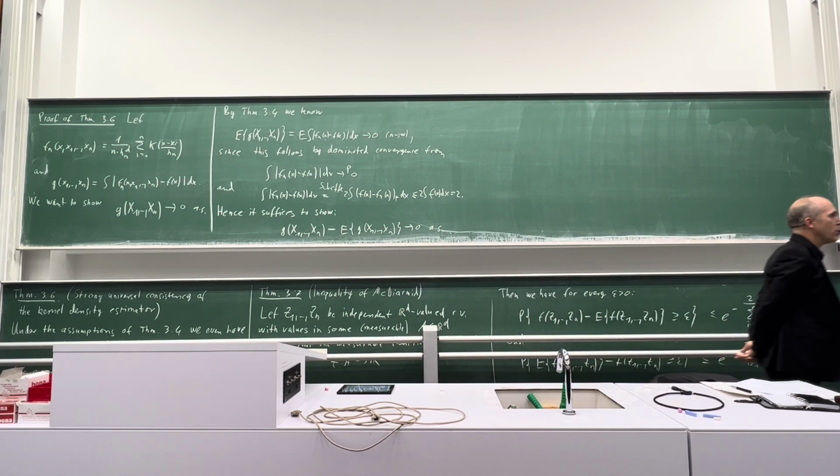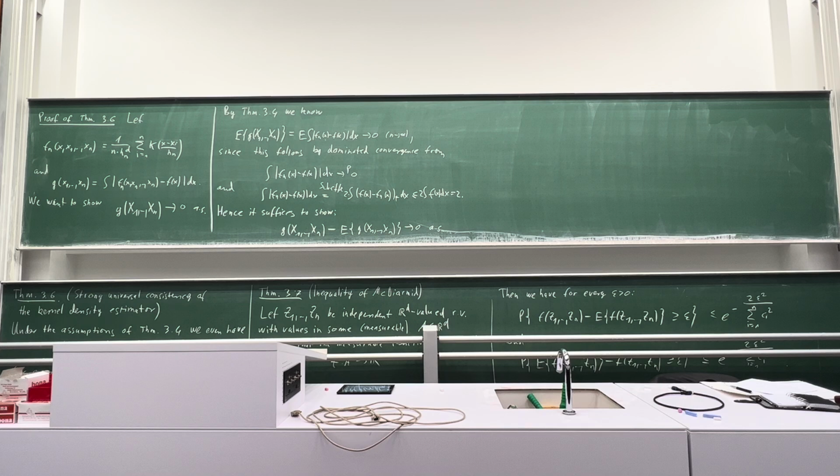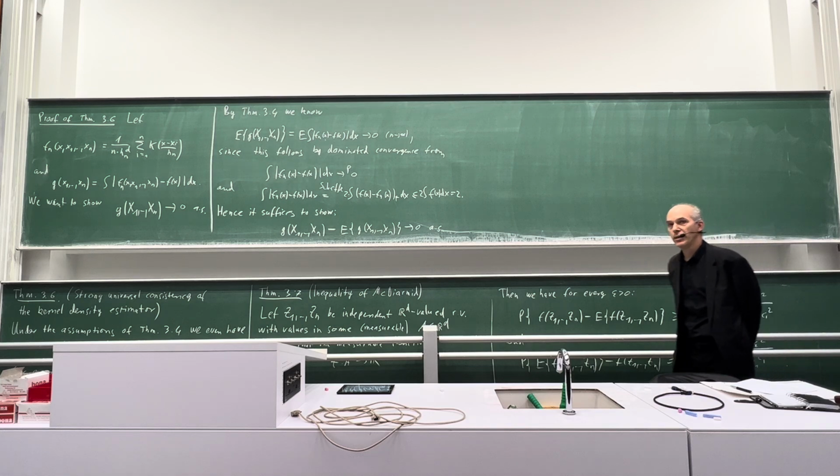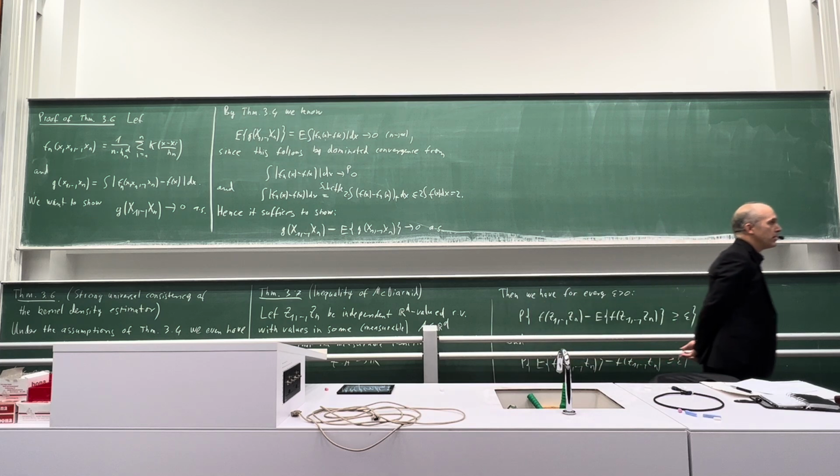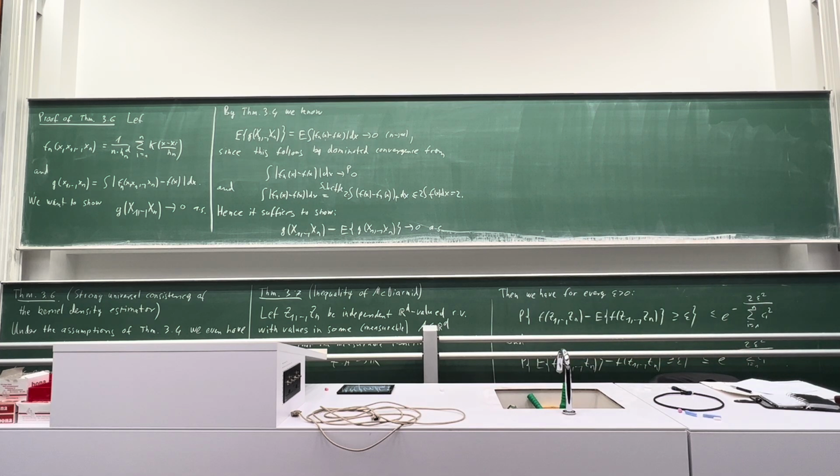And for this I show that the probabilities that the absolute value of g of X1 to Xn minus expectation of g of X1 to Xn is greater or equal than epsilon are summable for each epsilon greater 0, which implies the assertion.